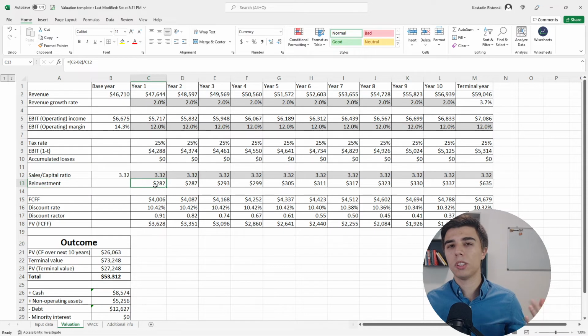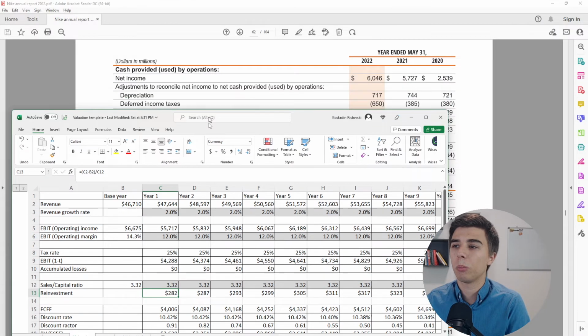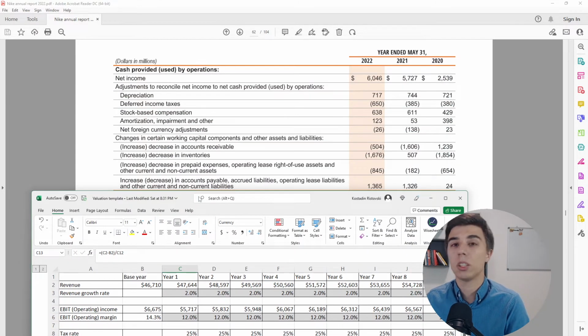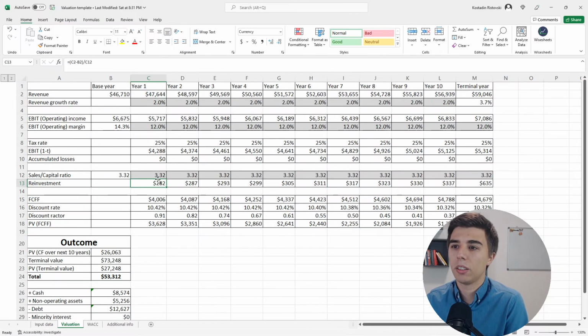And this is purely the reinvestment, not the part that is used to replace the existing assets, but the investment that's needed for further growth. So in this case, it would be somewhere around this 150 million based on the historical numbers, but there's more to that. And here you'll notice that if Nike's revenue grows by 2%, then this is 280 million.